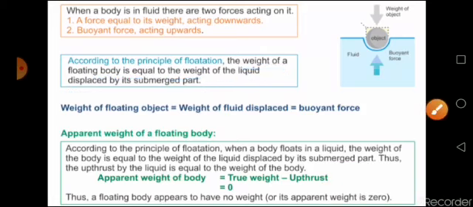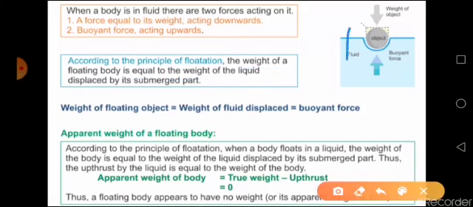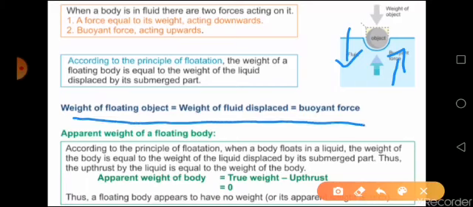Now, we have already said that there are two forces acting on it. What the principle of flotation says is that the weight of the object that is floating in water or in any liquid is equal to the weight of the liquid displaced when it is partially submerged, which is equal to the buoyant force.